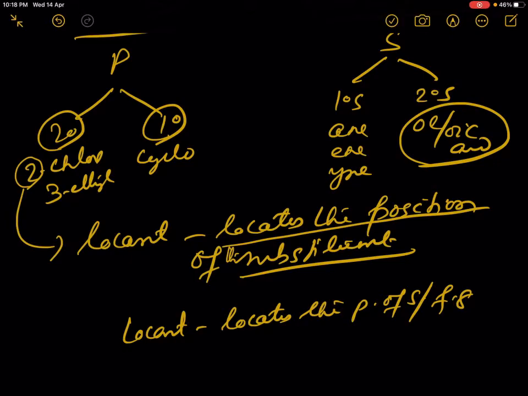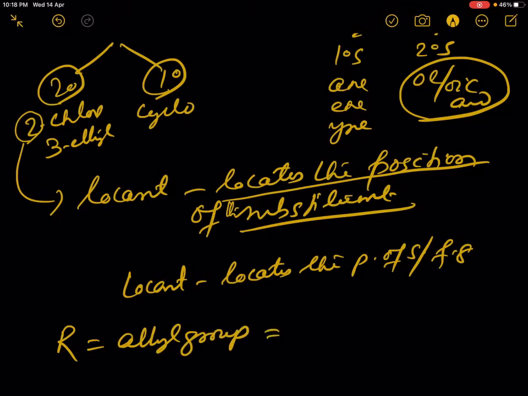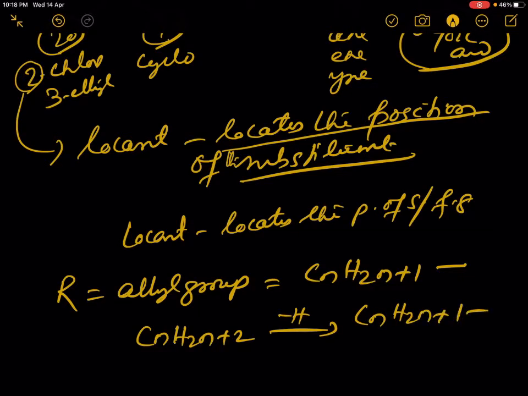One thing I want to tell you before the end of this video, here R is an alkyl group, that is CnH2n+1. If one H atom from an alkane is removed, this is the CnH2n+1 alkyl group.